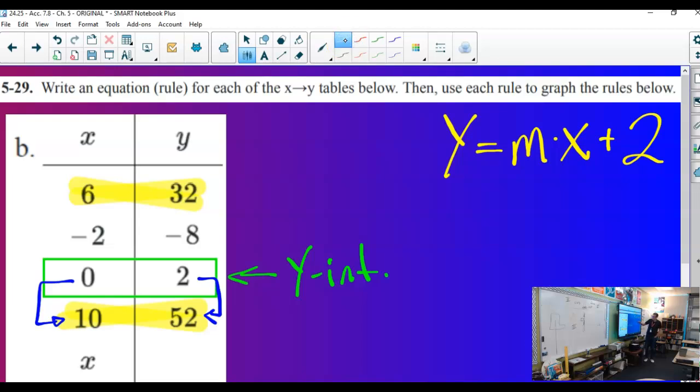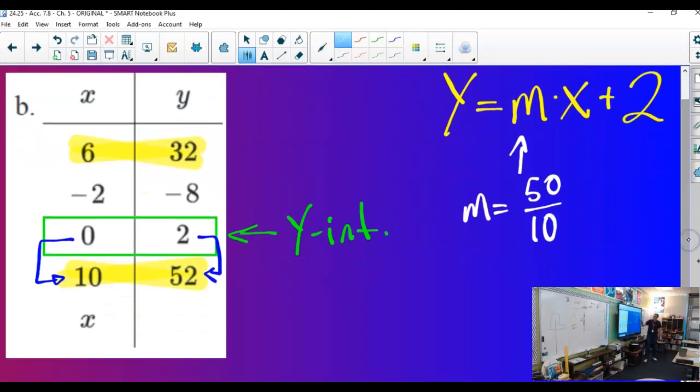So our slope is 50 over 10. What's our slope? It's 5. You don't have to graph anything. You can, it'll work. You don't have to. So our equation just becomes y equals 5x plus 2. Mic drop.